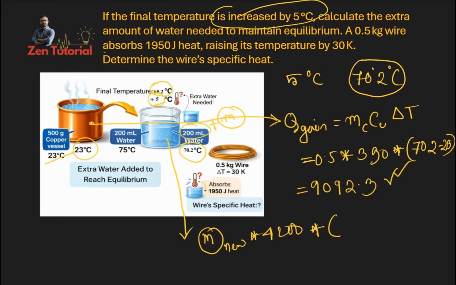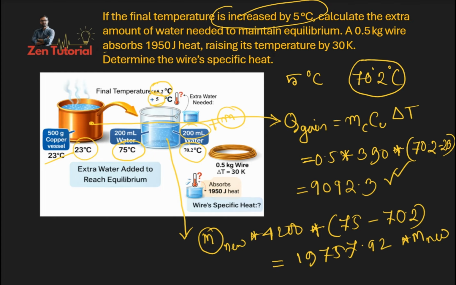It was 75 degrees Celsius for the water, and the mixing temperature is 70.2. So the value will be 19757.92 of m new, right?